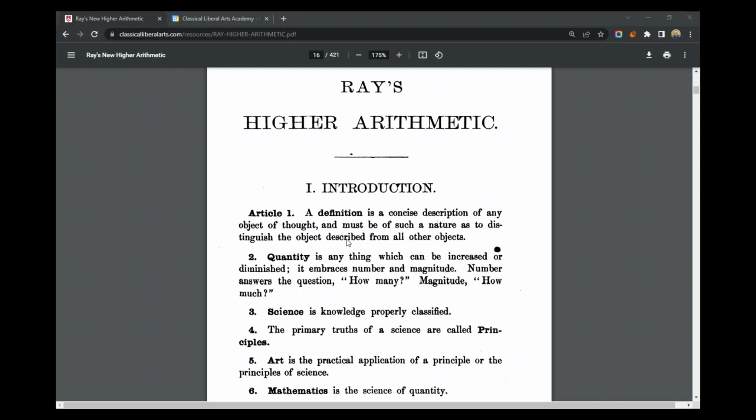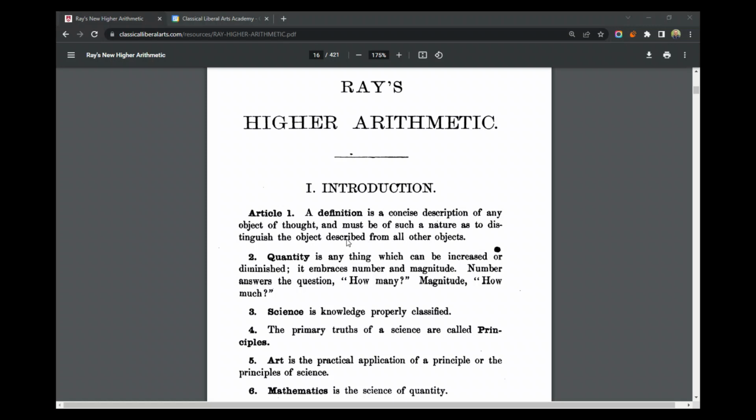A definition is a concise description. And notice there, we learn that a definition is a kind of description. A description may be true of more than one thing. I could say an apple is a red fruit. That would be a description because I can find other examples of red fruit, like a cherry. So a description and a definition are two different things.